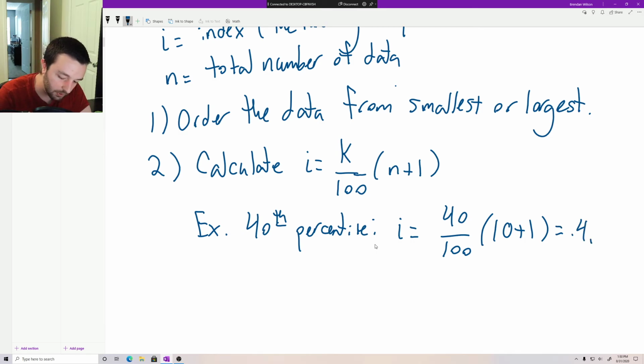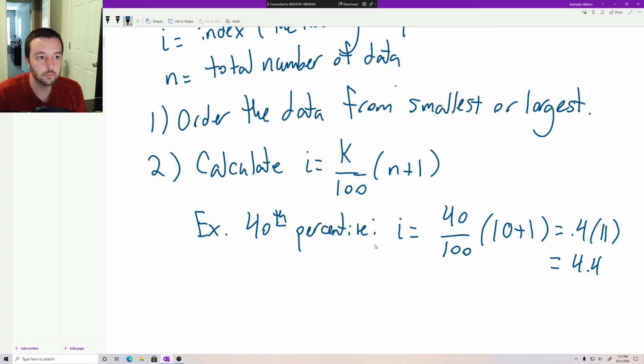So this is 0.4 times 11, which is going to be... wait, no, sorry, 4.4. Right. So our I is 4.4.